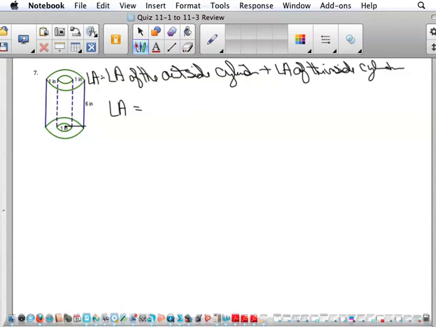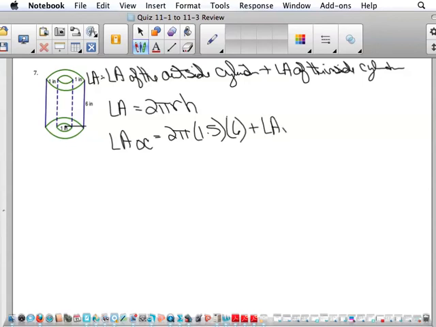So remember now it's the circumference 2 pi r times the height for this lateral area of a cylinder. So in this case, the lateral area of the outside cylinder is 2 pi times 1.5 times 6. I'm going to add to that then the lateral area of the inside cylinder.